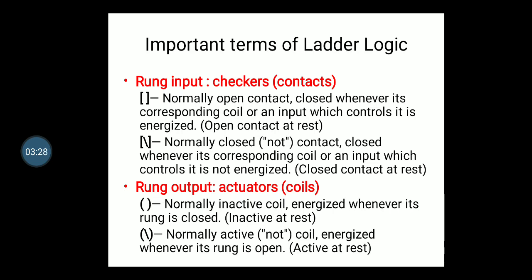The second one is normally active, meaning it will be on during the normal process at rest, but whenever it is energized, it will be switched off. I am talking about the light. Suppose a bulb is connected in that place, it will be lit, but when it is energized, it will be switched off.